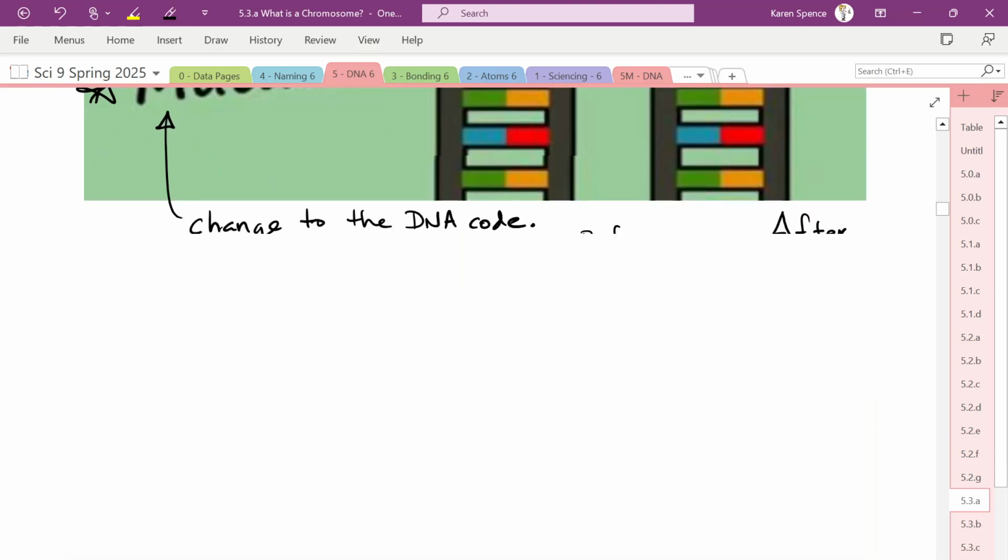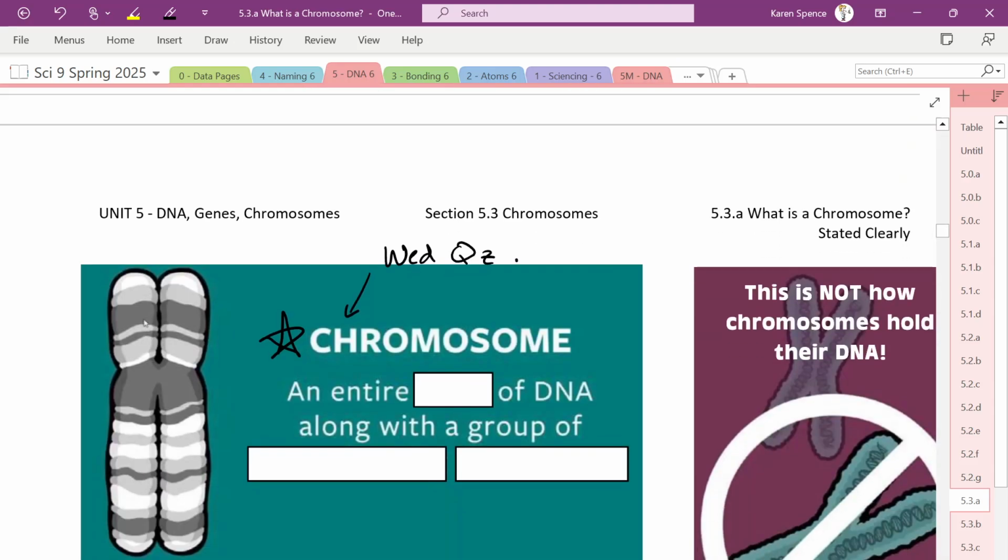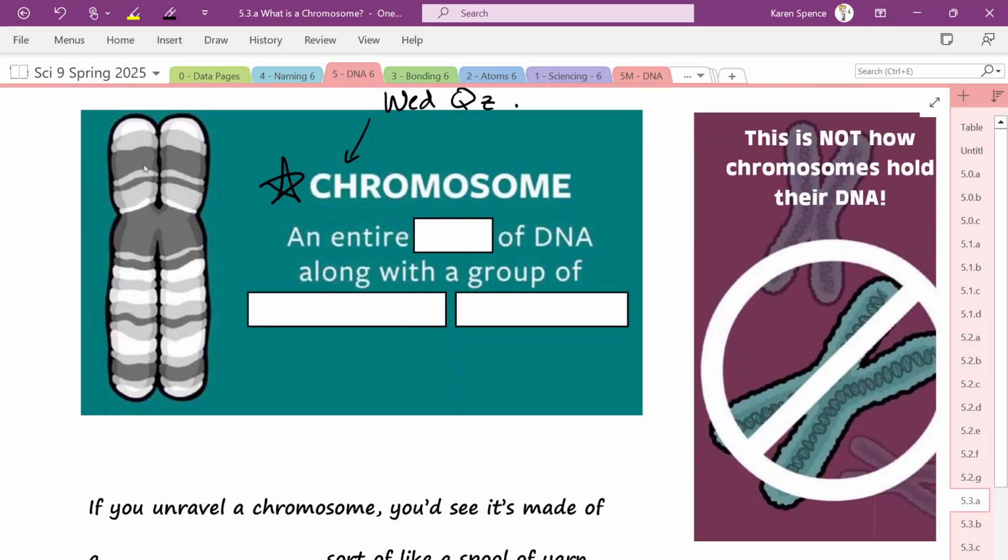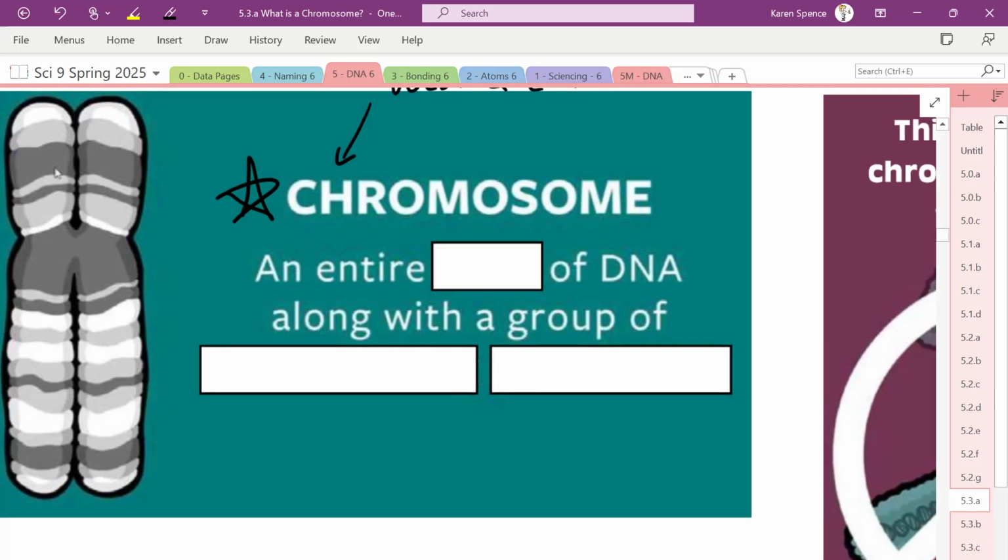Okay, and now we can go on to page 79. So a chromosome is an entire chain of DNA along with a group of histone proteins.